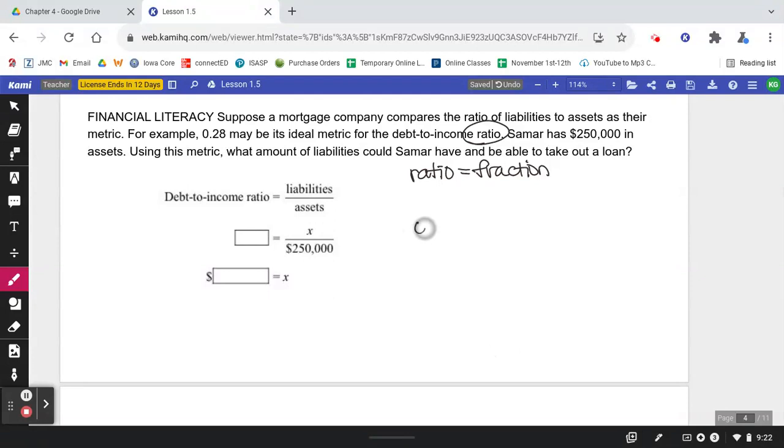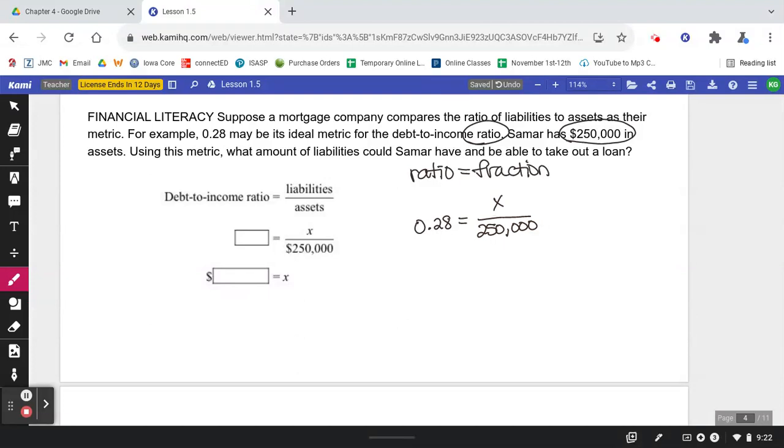So it says 0.28 is the ideal metric for the ratio of liabilities to assets. And it says that he has $250,000 in assets, and it wants to know what liabilities could he have.